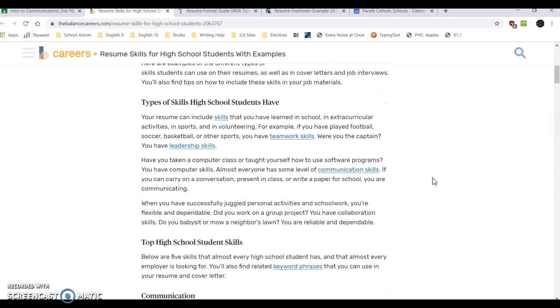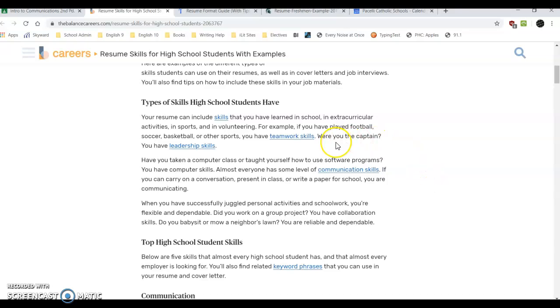Okay, so obviously one of the first things that you're going to use is your extracurricular activities. That can include sports, that can include volunteering, with all the stuff that you've done for this high school. It can include plays, setup or breakdown for any of the activities that we do here, Panacea, whatever.